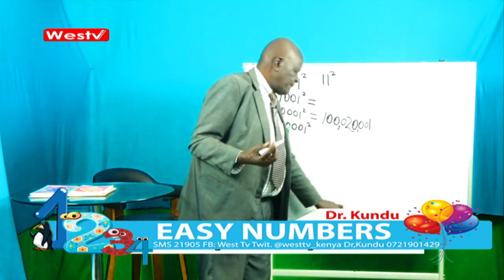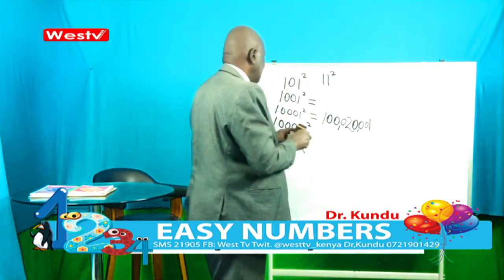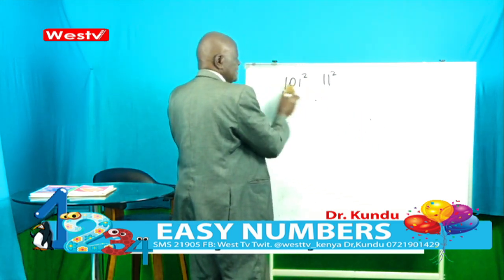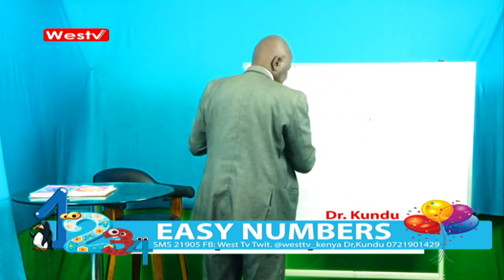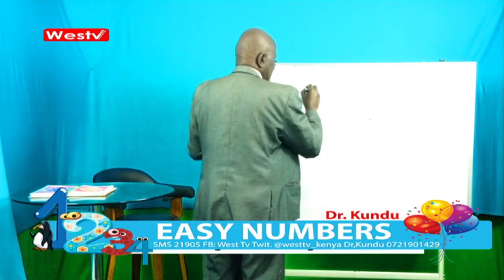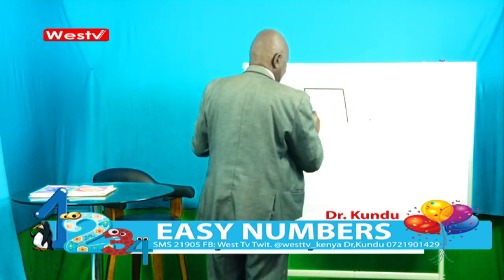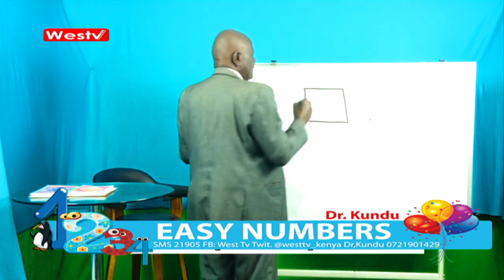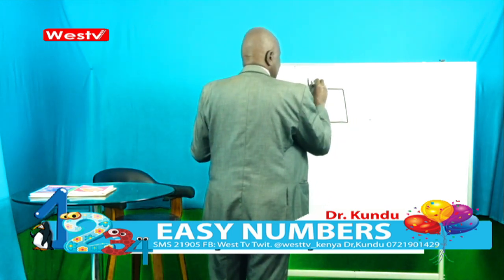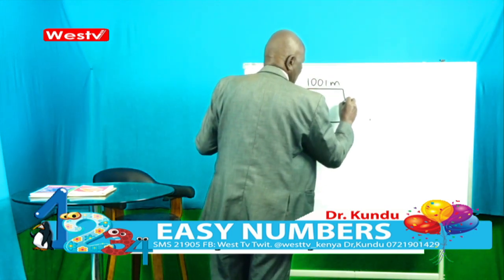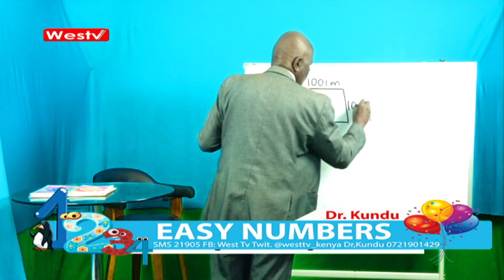So that in future, you are doing your mathematics and someone tells you that Mary has a square piece of land and the measurements are 1001 meters and 1001 meters.